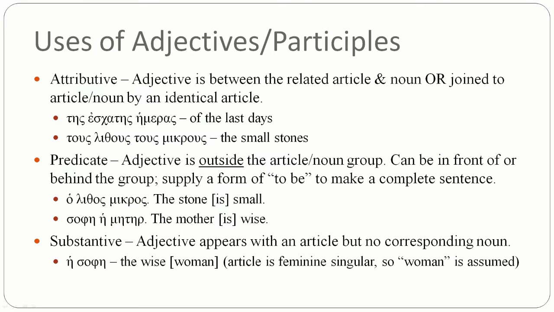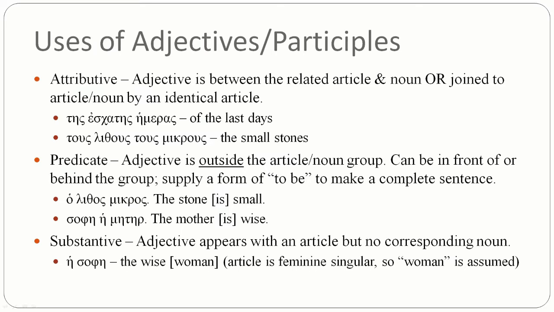Using these adjectives and participles, there are three basic categories which these fall into, and you'll probably remember these because we went over these a number of times. You have an attributive usage, the attributive position, where the adjective is sandwiched in between its related article and noun. You have the article-noun grouping, the person, the day, the rock, and then an adjective stuffed right in the middle.